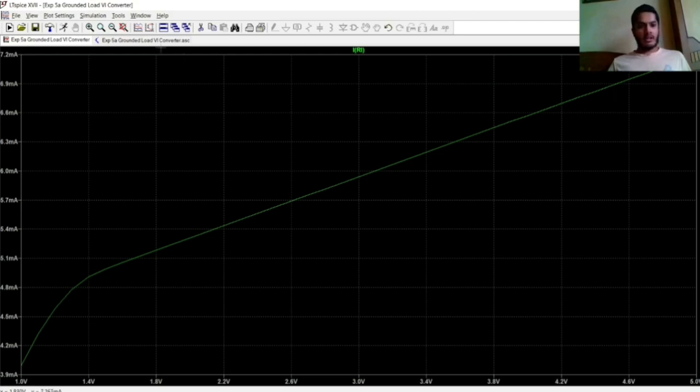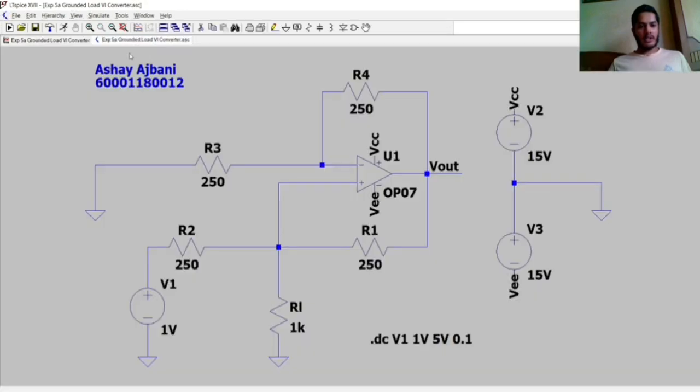So any V2I converter circuit, be it grounded load or floating load, cannot be implemented practically, and we do not get a faithful output, as the base condition is that the resistance at the input terminal should be greater than at least 2 kilo ohms for the op-amp to give a faithful output. So this circuit cannot work practically.